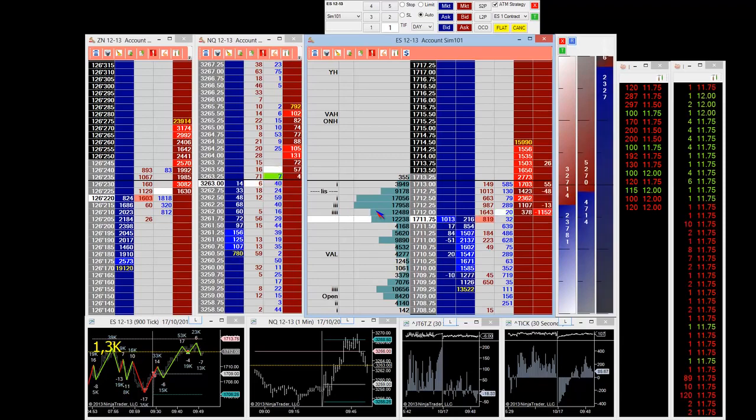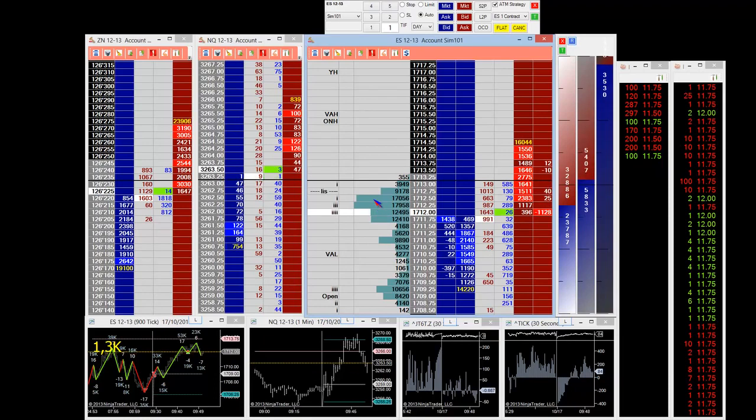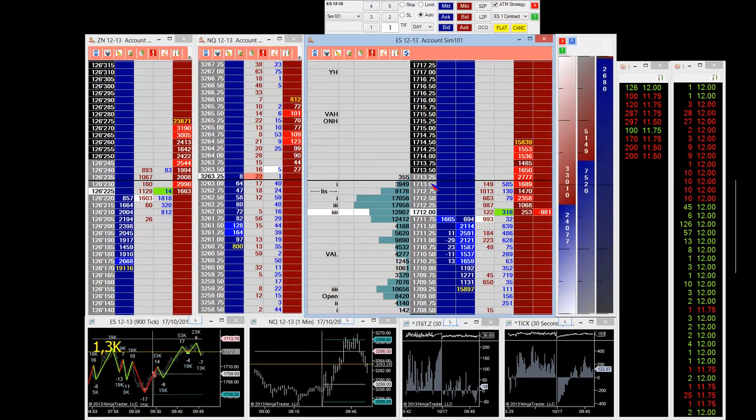As we move down from it, the shorts are going to be quite happy and stay in their position. But the longs that were concentrated in that area, as we move away from it, are going to get very nervous and start to bail out. And that is why when we see these thick areas on the volume profile, we know that the stop losses are either side of those areas.